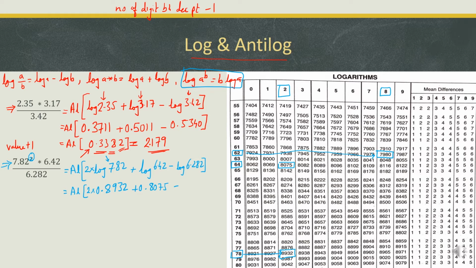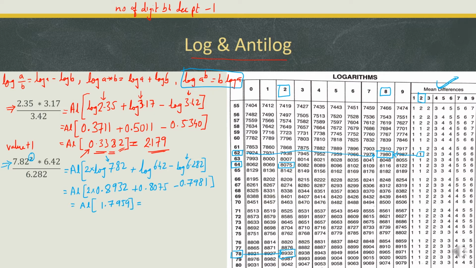So for this we'll go to this mean difference wala column. That second entry is 1, and we need to add this. So over here what we get is 7980 plus 1 is 7981. Again we will have 0.7981, because we got only one digit before the decimal point and 1 minus 1 is 0.